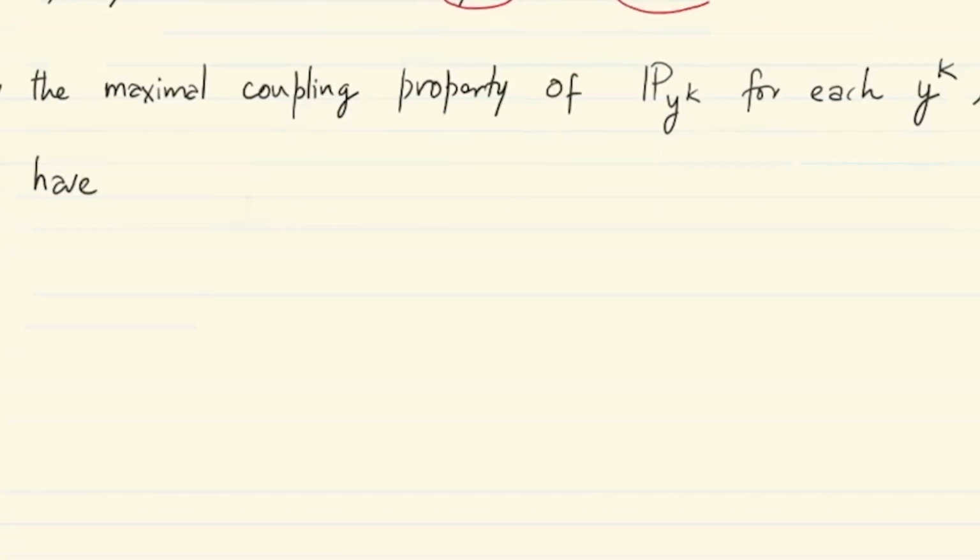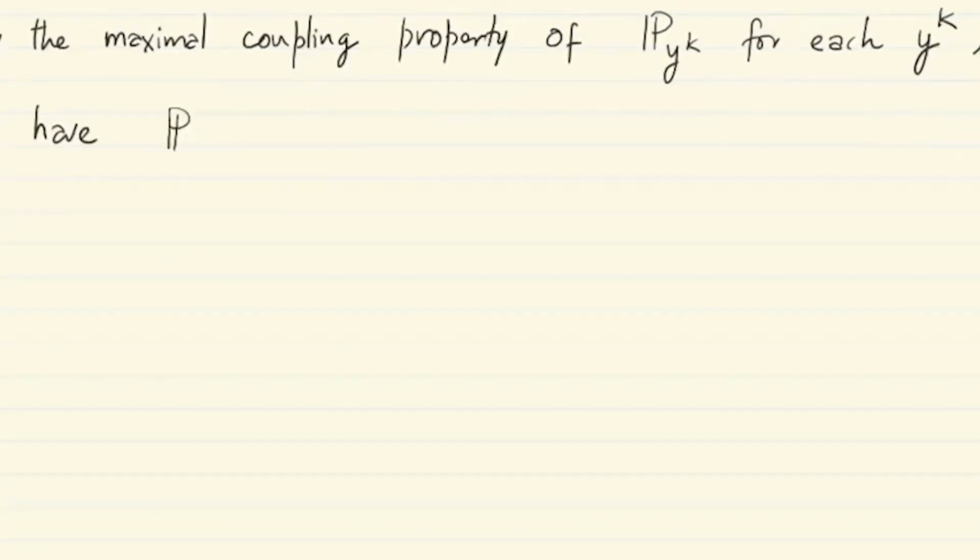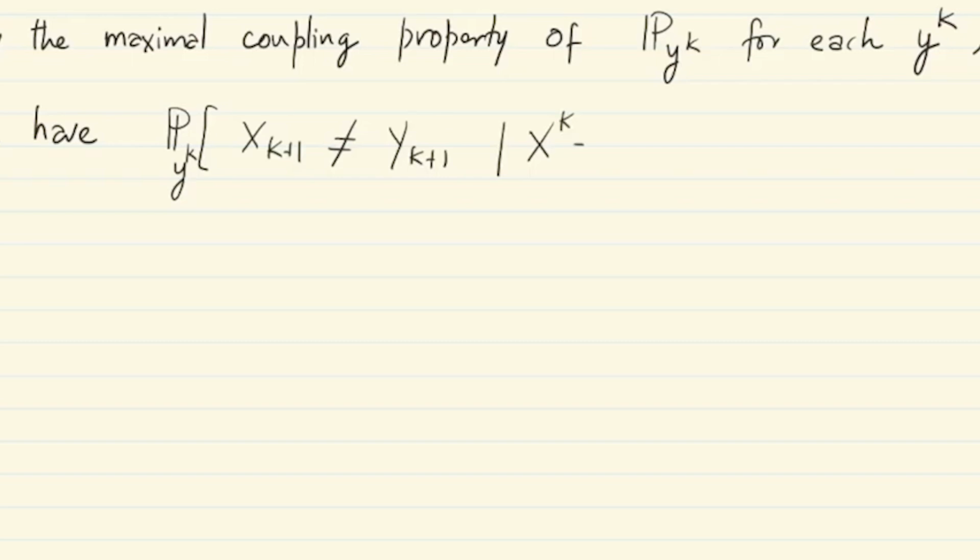So this is the maximal coupling property, which ensures that the probability under this coupling of xk plus 1 being unequal from yk plus 1 given xk equal to small xk and y, sorry, so we don't need the subscript pyk.